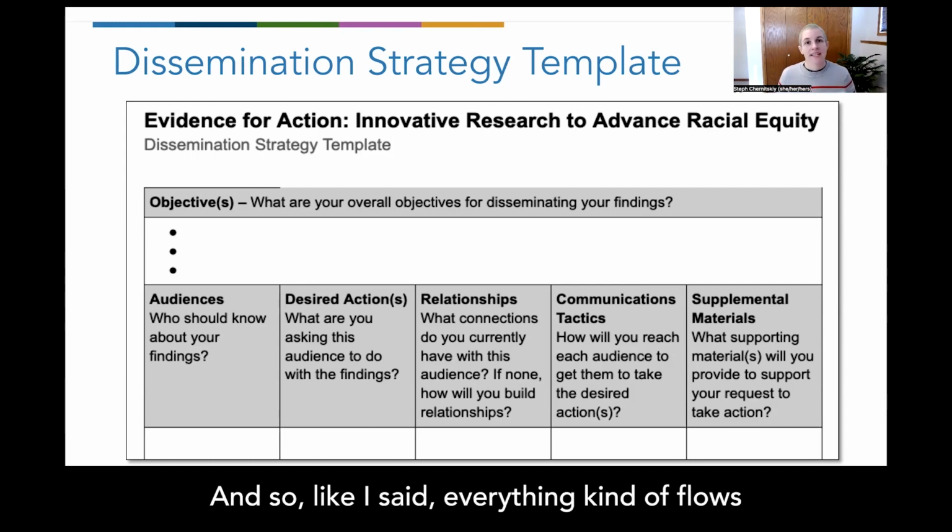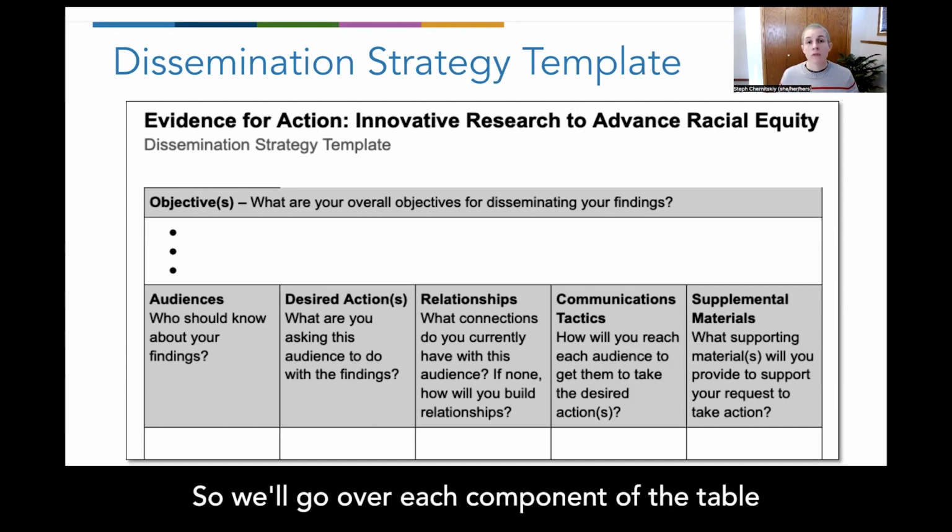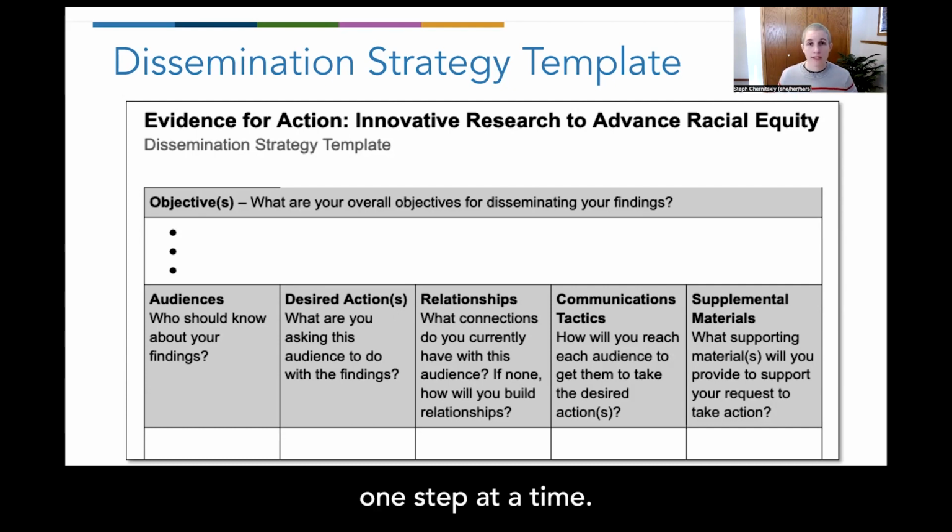And so, like I said, everything kind of flows from the objectives to the audiences, desired actions, relationship building, communication tactics, and supplemental materials. So we'll go over each component of the table one step at a time. I'll provide examples, so we'll actually fill out a table, and then you can work along with me.